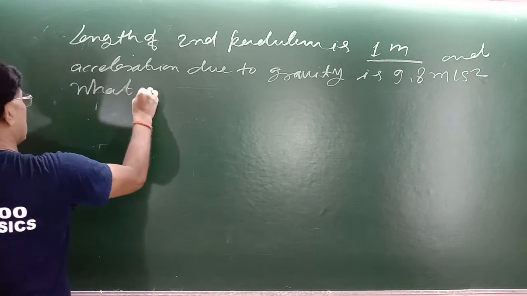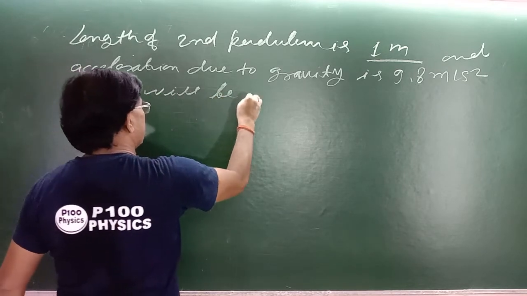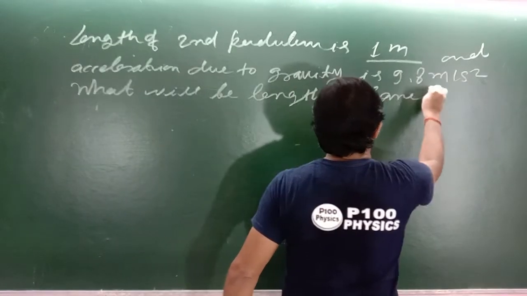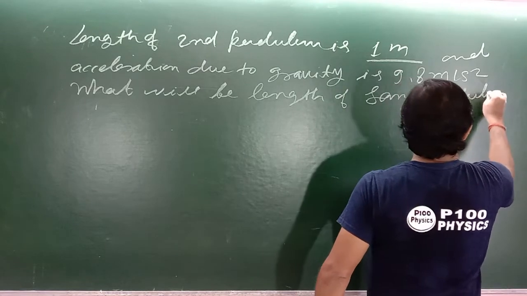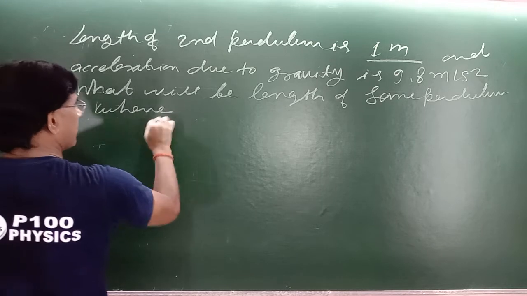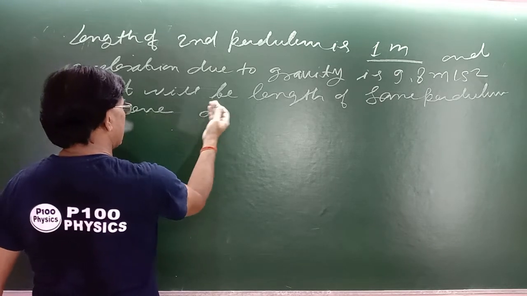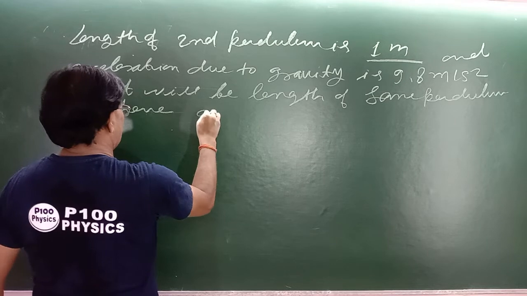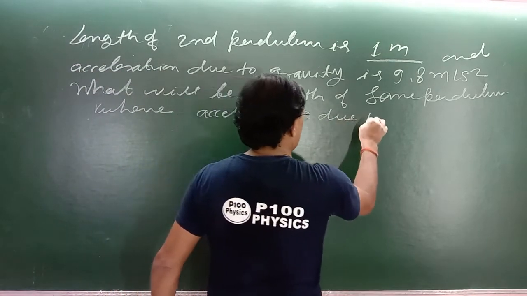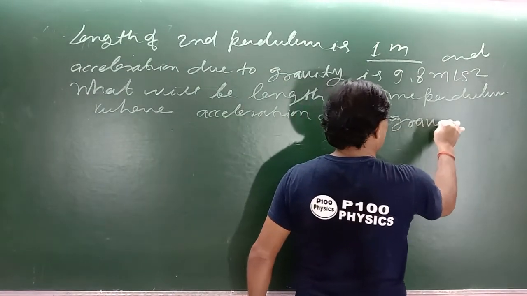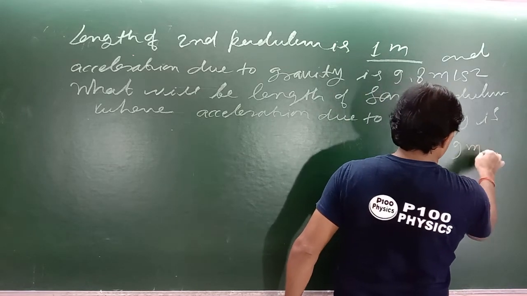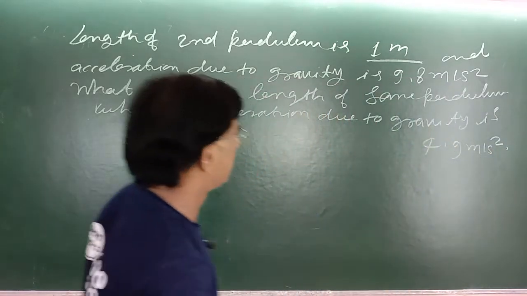What will be the length of the same pendulum where the acceleration due to gravity is 4.9? Solve this.